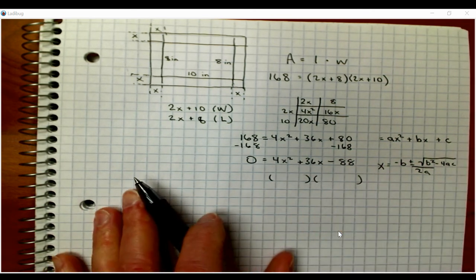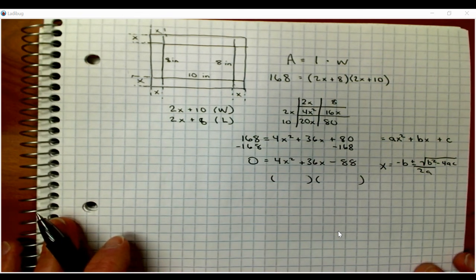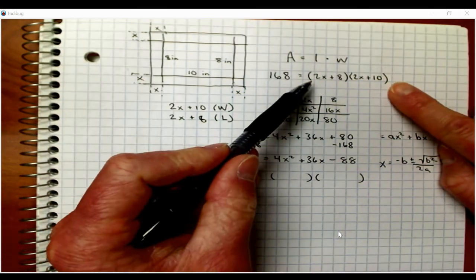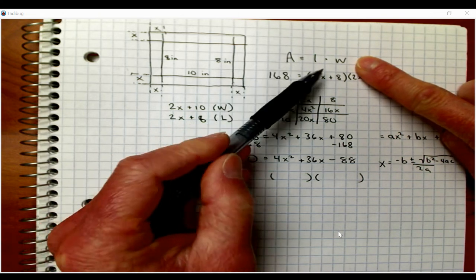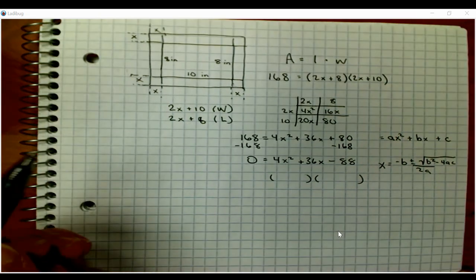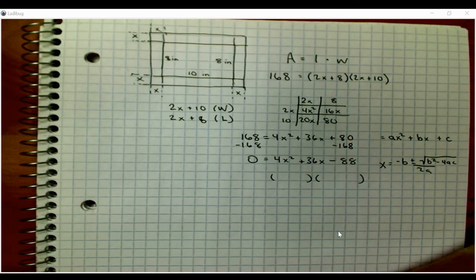But we don't have to do that right now because that's not what we're after. It's all about setting up the quadratic equation by finding the two pieces that make area, which is length times width. So this should help you with the first couple of questions in your lesson. If not, definitely come to class and you can ask follow-up questions.